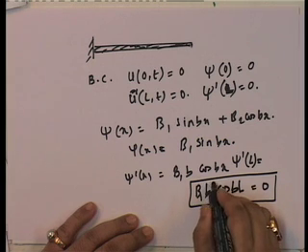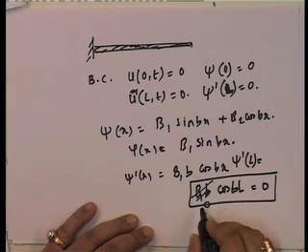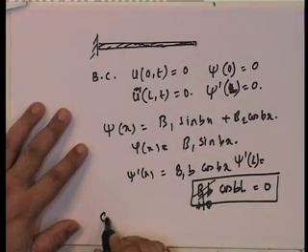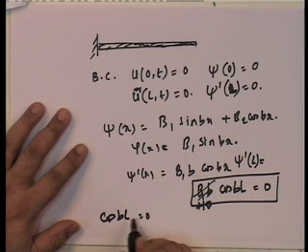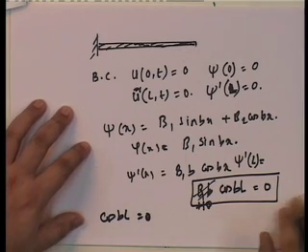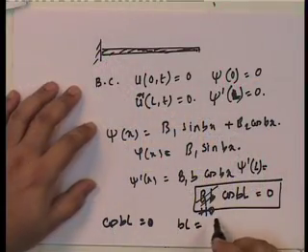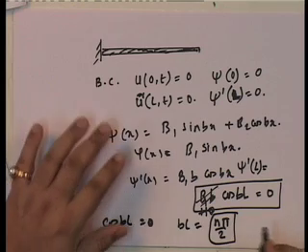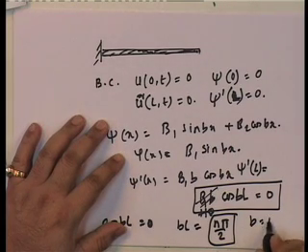Now, note that these are not 0. So, for this to be satisfied, you have to have cosine BL equal to 0. And when is cosine BL equal to 0? Cosine BL is equal to 0 when BL is equal to n pi over 2. That means B is equal to n pi upon 2L.